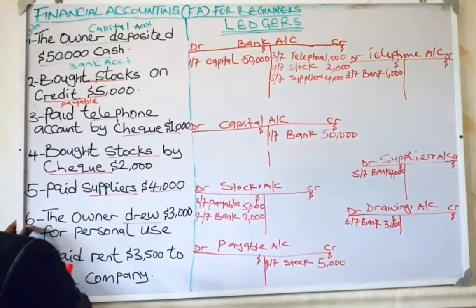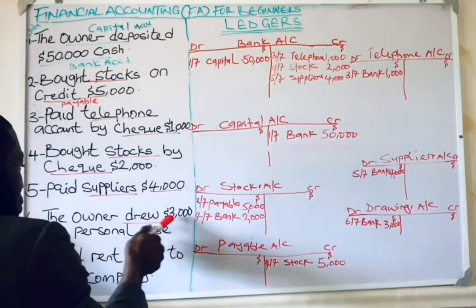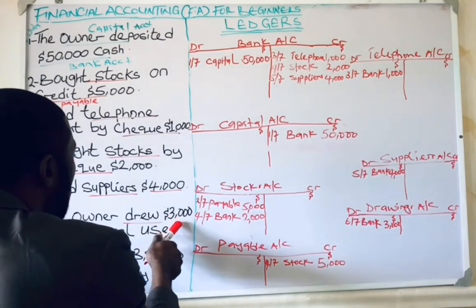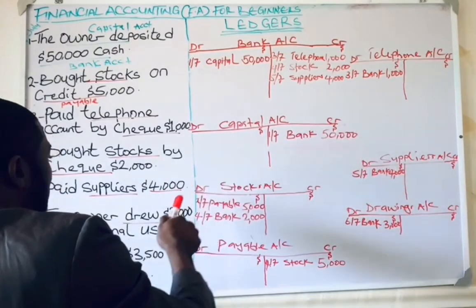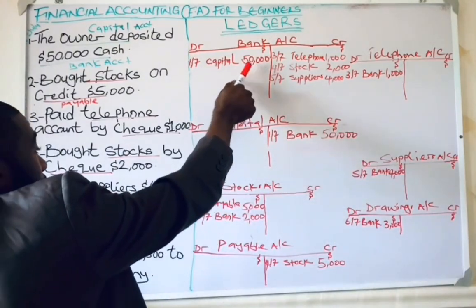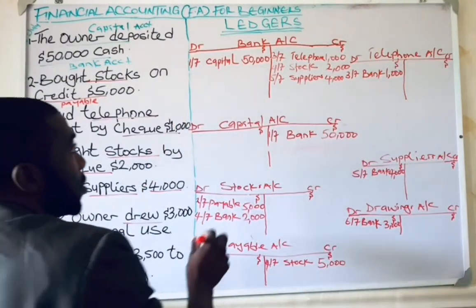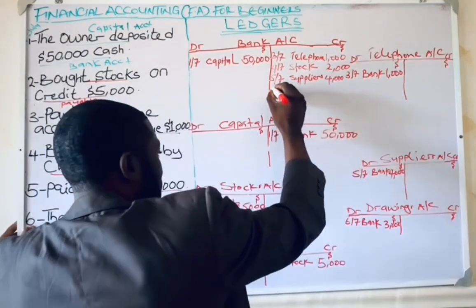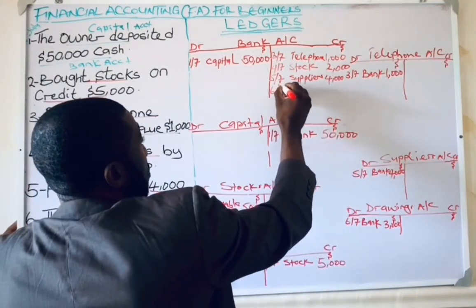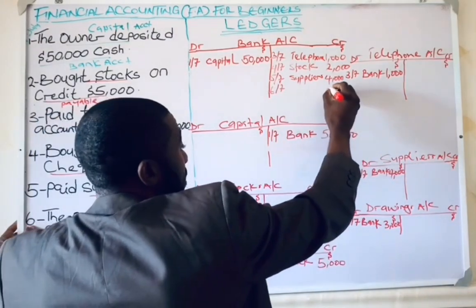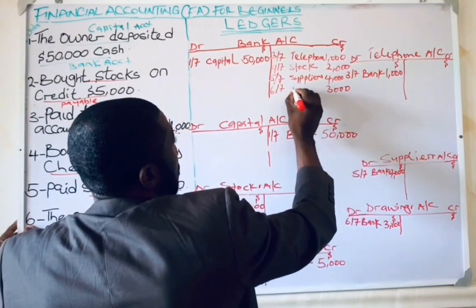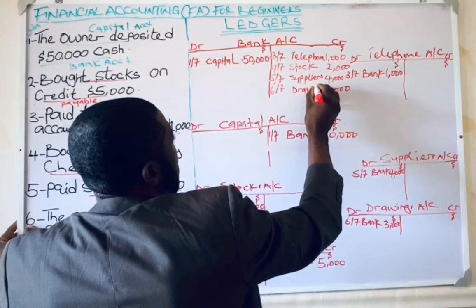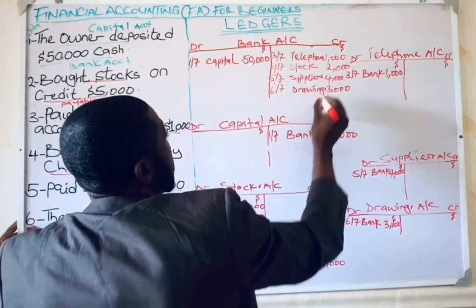Since he's drawing $3,000, we must credit our bank account to reduce that amount from our $50,000 deposited. So we say on the 6th of July, we pay $3,000 drawings. Simple as that.